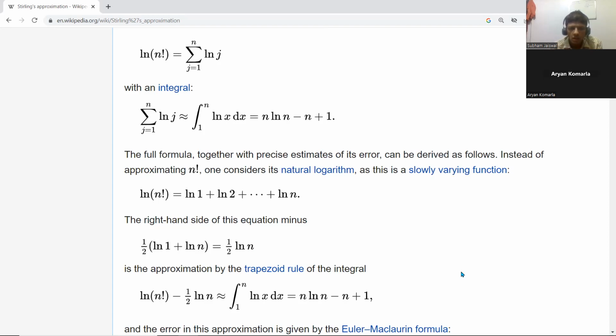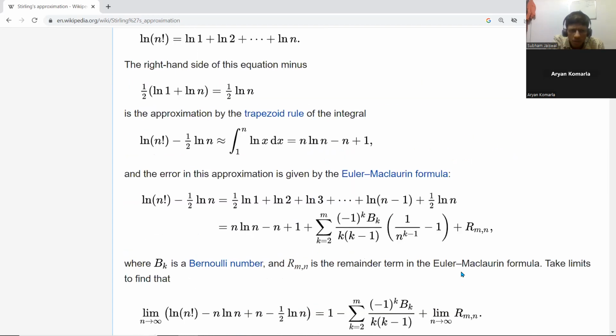So the half log n is the error that we got, that's exactly right. They're making it more accurate, and that is roughly equal to that, and that is equal to that.